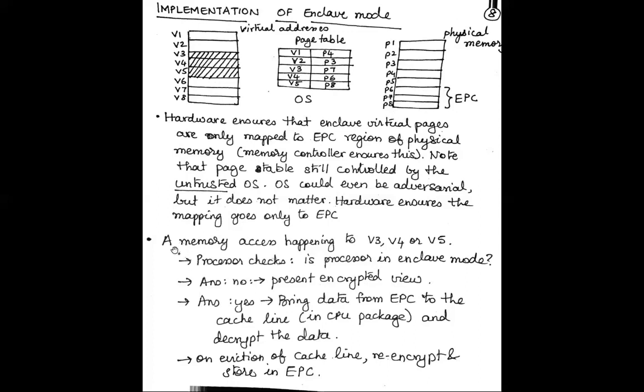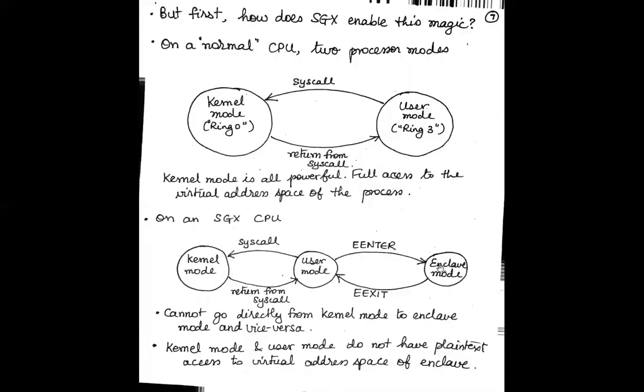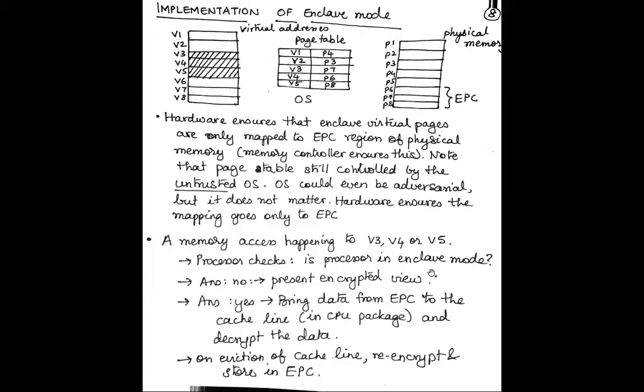The other guarantee that's provided is that whenever there is a memory access to a byte that is stored in pages V3, V4, or V5, which are part of the enclave, and by memory access I mean a load or a store instruction, the processor immediately checks. In other words, the memory controller requests the processor to check: is the processor running in enclave mode, which is this third mode of execution?